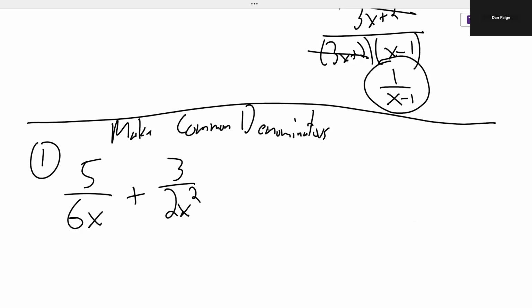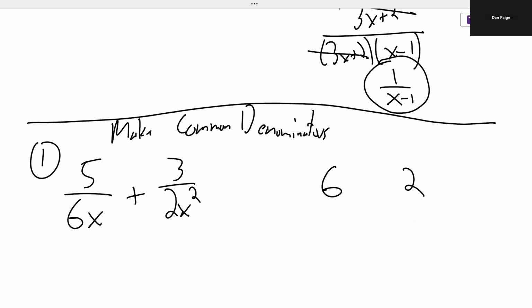All right. We've got to think of the least common denominator. Now, when we think of the least common denominator, we can think of it, guys, with the numbers and the letters. So just think of this. Between 6 and 2, what's the least common denominator?